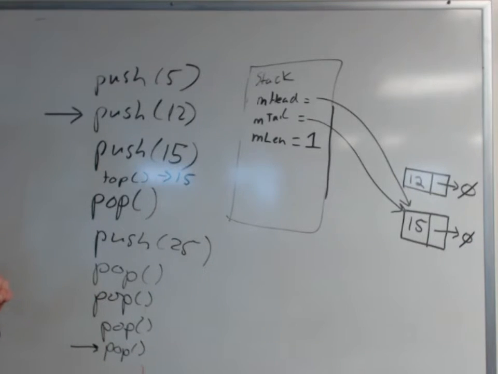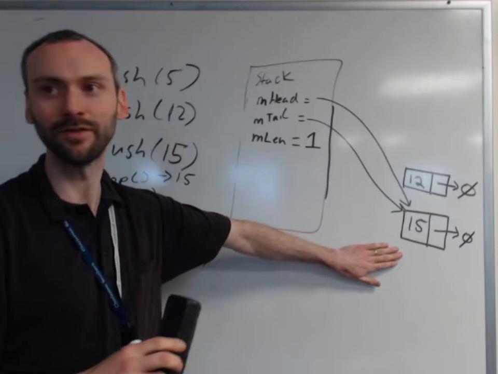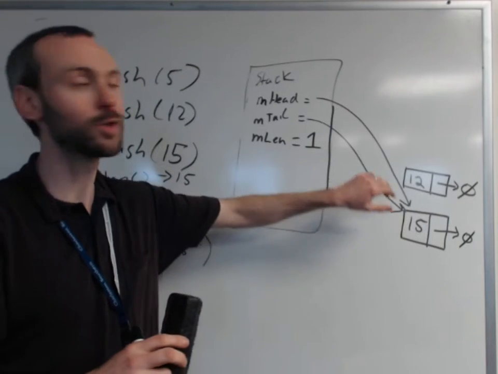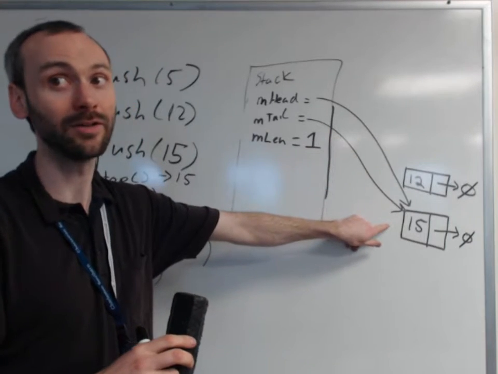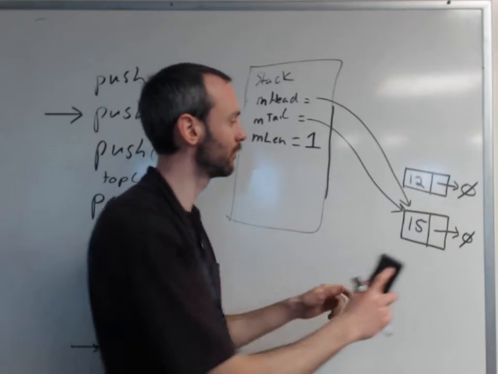So the 15 no longer points to null. Right, he was talking about the head, but that head is pointing to 15. So go to head. Have head point to the 12.